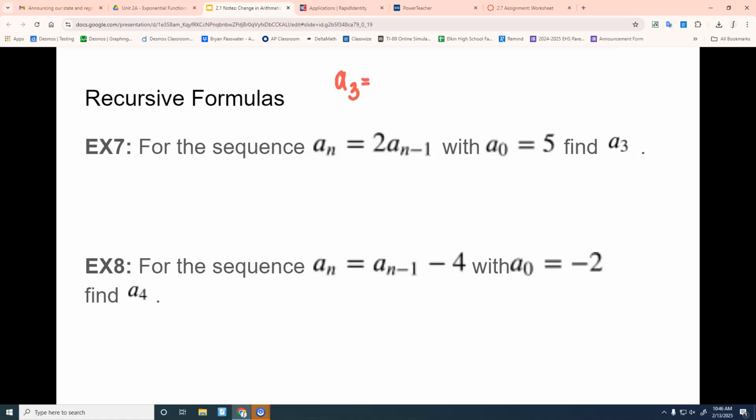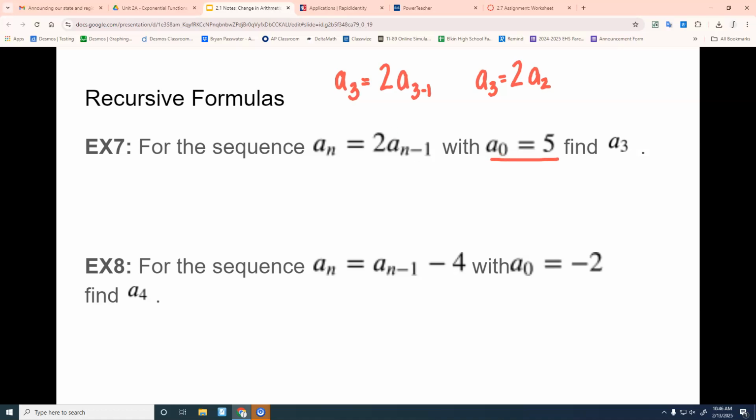Just like with the function, you're plugging in 3 for your n, but you're doing 2a, and then you'll have 3 minus 1 right here as your subscript, which means that a sub 3 equals 2 times a sub 2. Do we know what a sub 2 is? We do not. So what we have to do is start from the term that we know, and work our way up to a sub 3 whenever it's defined recursively like this.